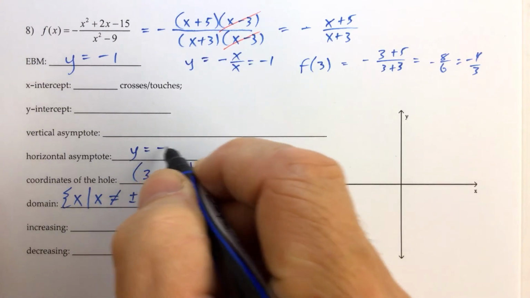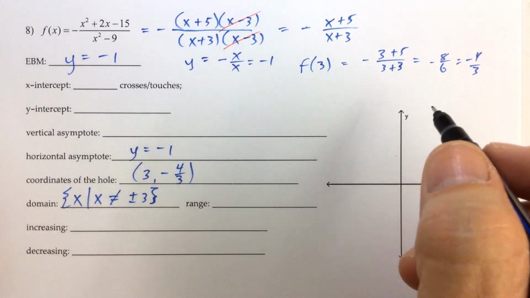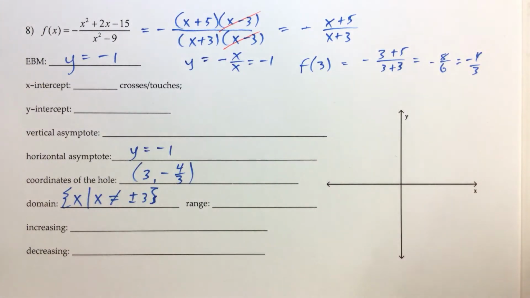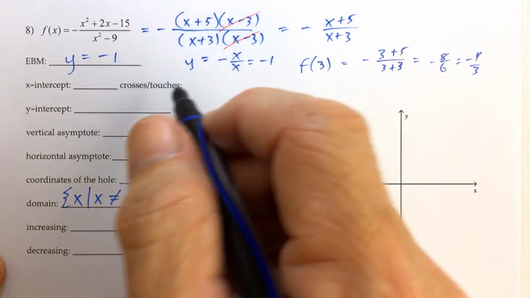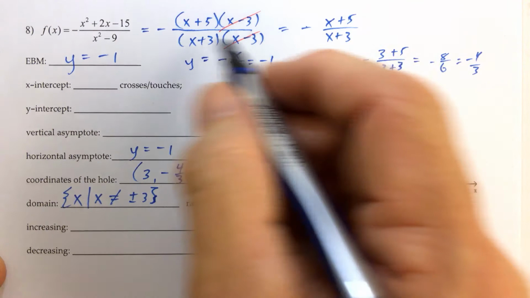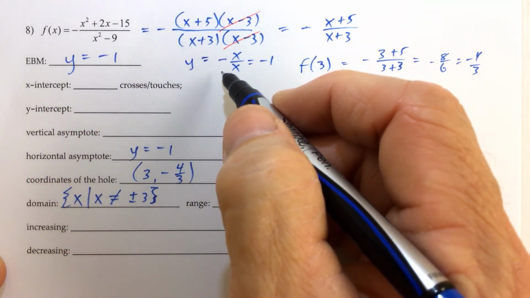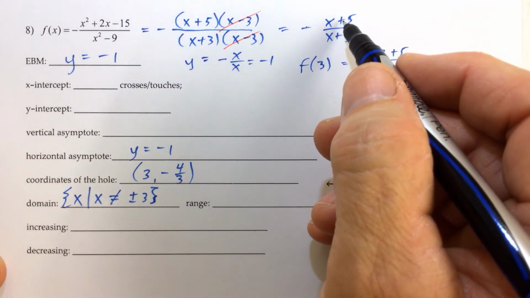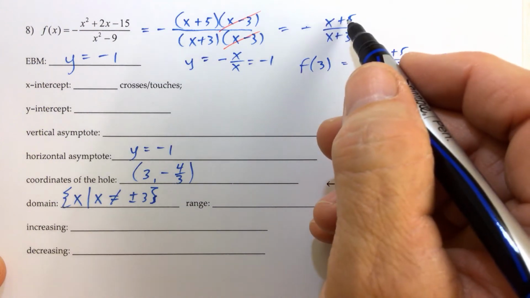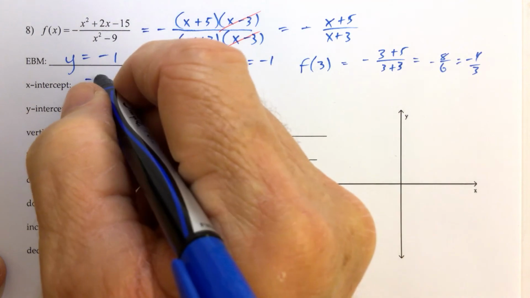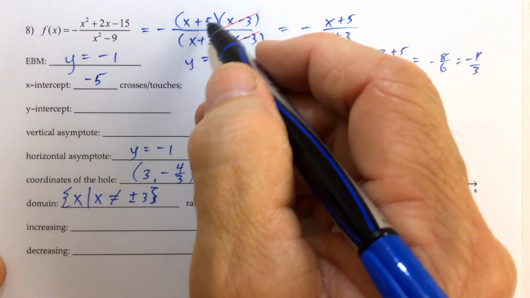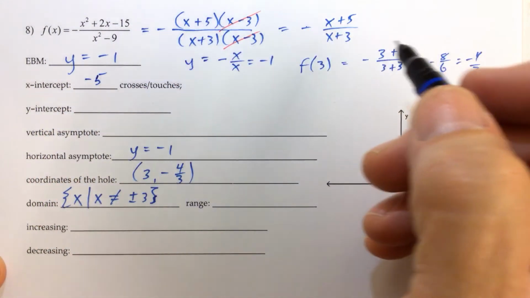If our end behavior model is a real number, then y equals that real number is our horizontal asymptote. And then x-intercepts. We get an x-intercept when we let y equal 0, which means the numerator of the fraction has to be 0. The only value is negative 5, because x plus 5 is a factor, so negative 5 would cause the numerator to be 0.